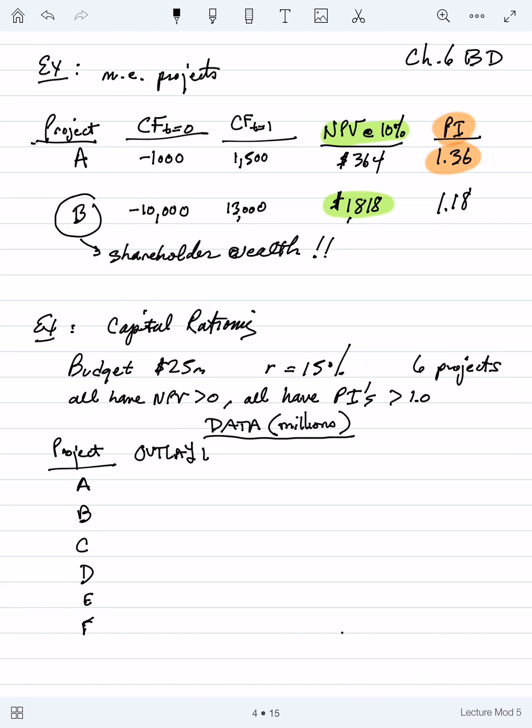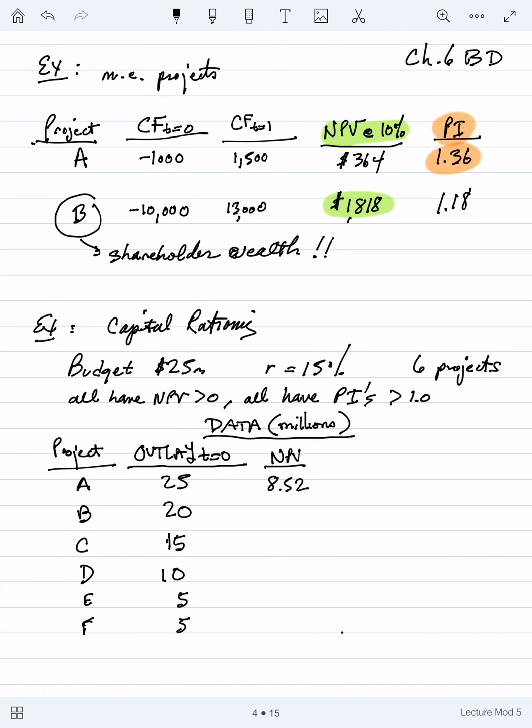The outlay happened in time period 0. It's 25 million for project A, 20 for B, 15 for C, let's say D is 10, and then E and F are going to cost us 5 million each. Let's imagine the net present value on these projects.